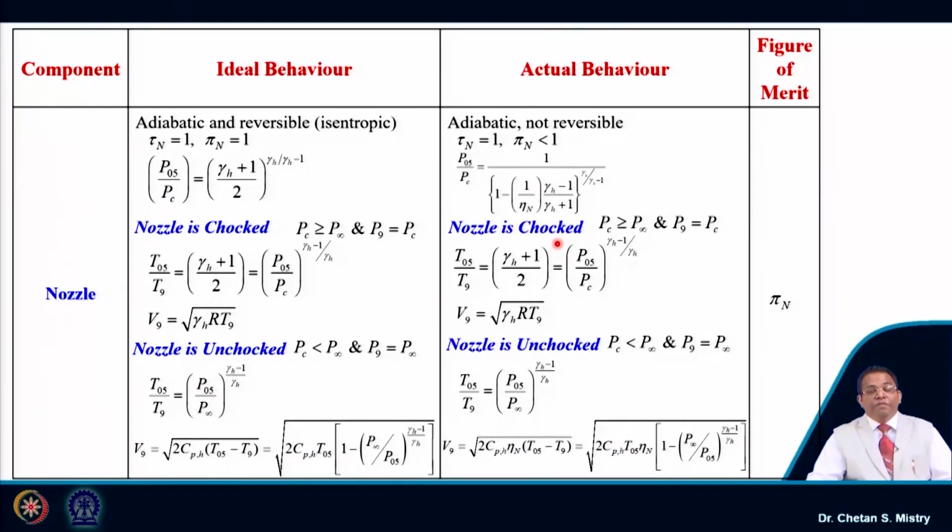Then, very important, we discussed the nozzle. Looking at the skin friction losses happening inside the nozzle, we have introduced the parameter called nozzle efficiency. Here we discussed different conditions, like the nozzle being choked and unchoked, and for that we tried to calculate the velocity coming out of the nozzle.